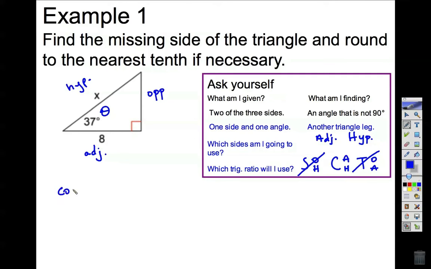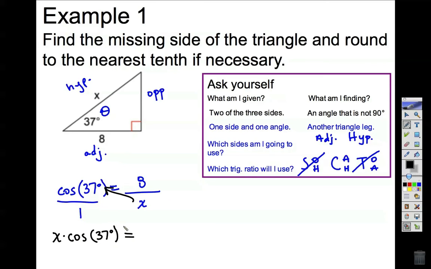So cosine of 37 degrees equals adjacent, which is 8, over the hypotenuse, which is x. Set this over 1 so we can have a better understanding of the cross multiplication. x times cosine of 37 degrees equals 1 times 8, which is 8.